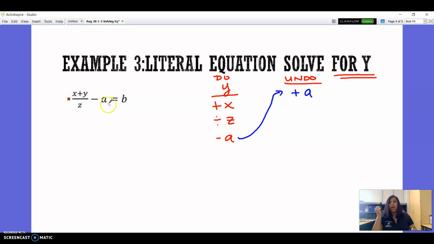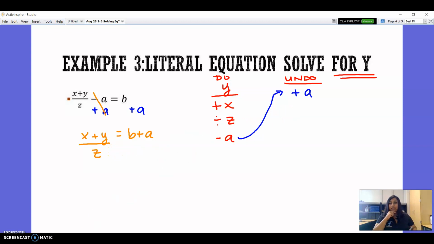And we're going to add a to both sides. Adding a and subtracting a are opposites. So you have b plus a, or a plus b, the order isn't going to matter when you're adding, is equal to x plus y over z. So that is one step closer to getting y by itself.